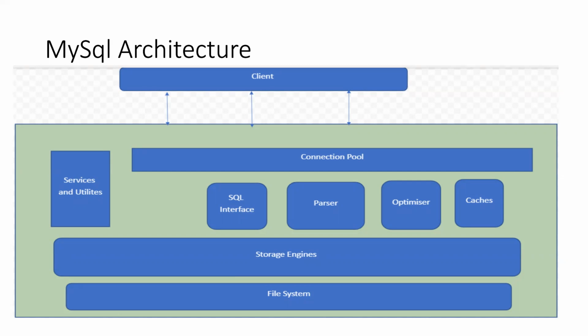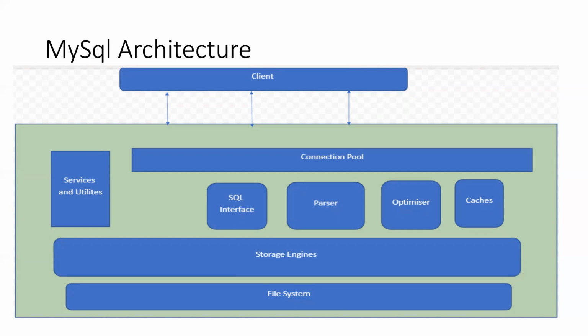The application layer is the topmost layer in MySQL architecture, and you can see the same layer in many client server architectures. This application layer consists of three major components: connection handling, authentication, and security.